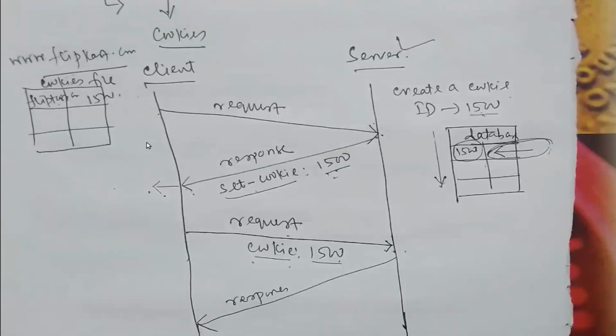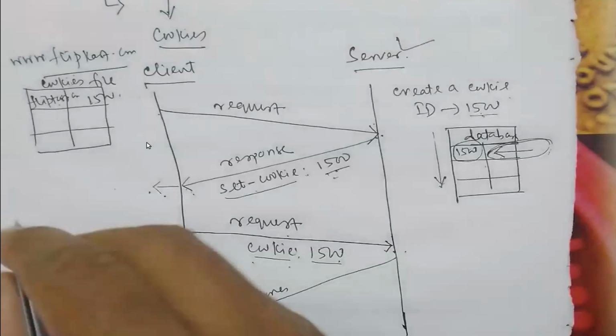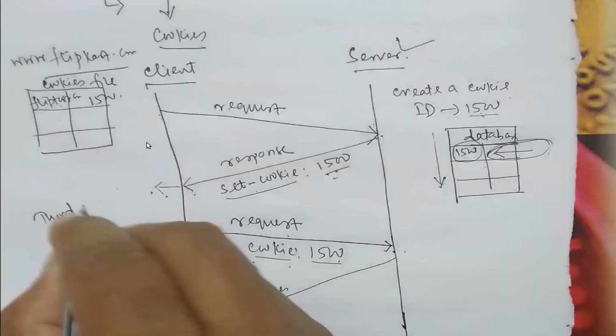But sometimes it might happen that you will see some advertisement on top of the Flipkart.com web page you have currently downloaded, and that advertisement is for some different web page, not Flipkart.com. Whenever you click on it, it is going to ask you to save the cookies. That type of cookie is called a third party cookie.